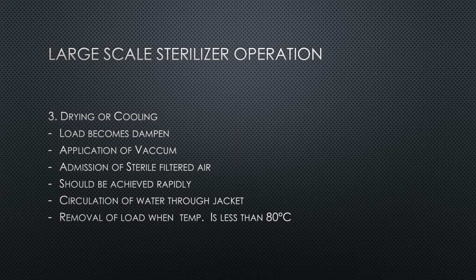So this must be dried before their removal from the chamber. This can be achieved by the steam exhaust and the application of vacuum. After drying, atmospheric pressure within the chamber is restored by admission of sterile filtered air.